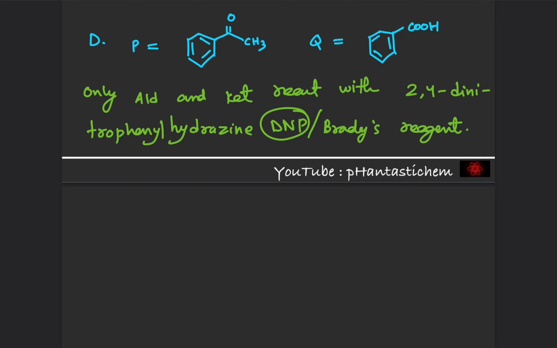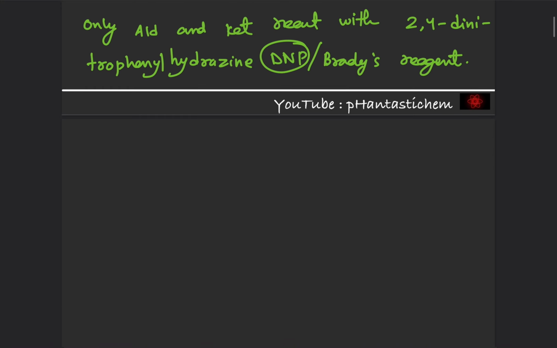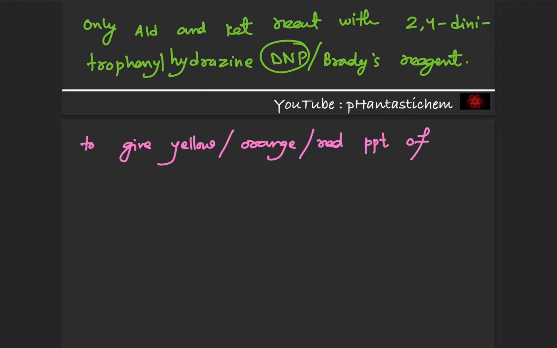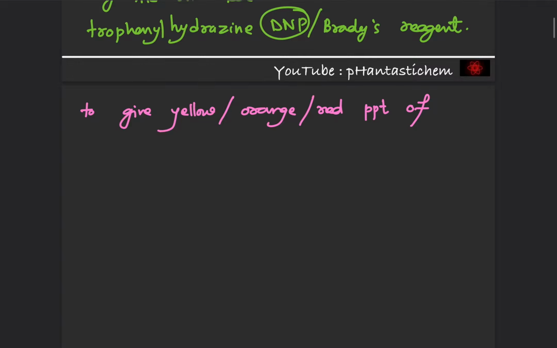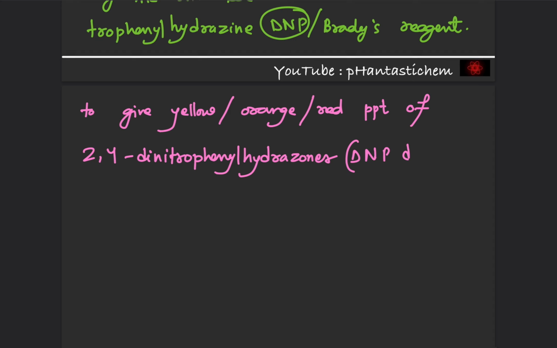Aldehydes and ketones will react with DNP to give a yellow, orange, or red precipitate of 2,4-dinitrophenylhydrazones, which are also known as DNP derivatives.